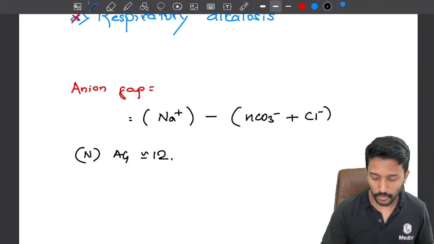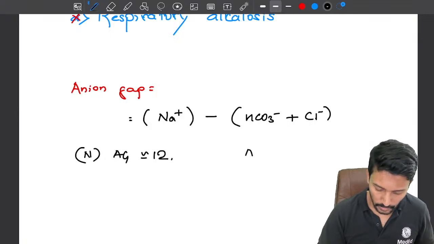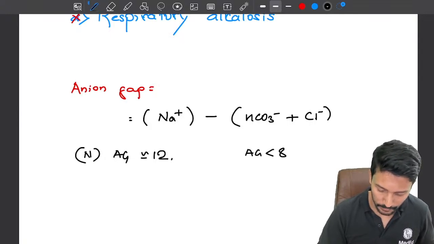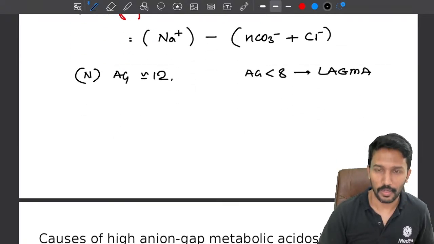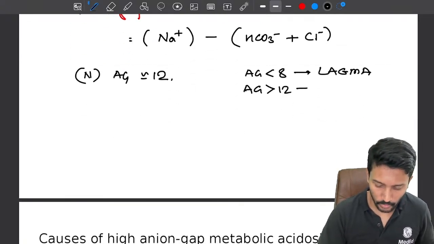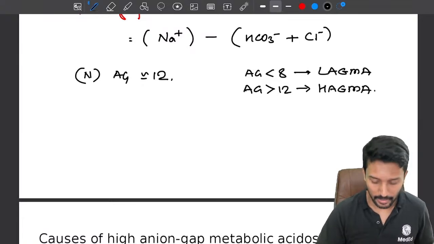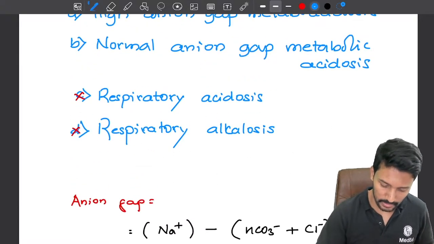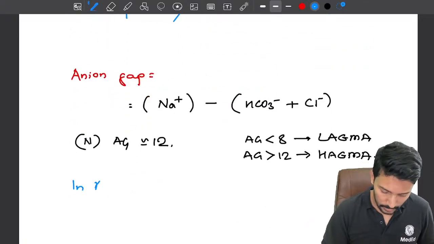So when you have a metabolic acidosis with anion gap less than 8, we call it low anion gap metabolic acidosis. And when anion gap is more than 12, we call it high anion gap metabolic acidosis. Let us calculate in this case.